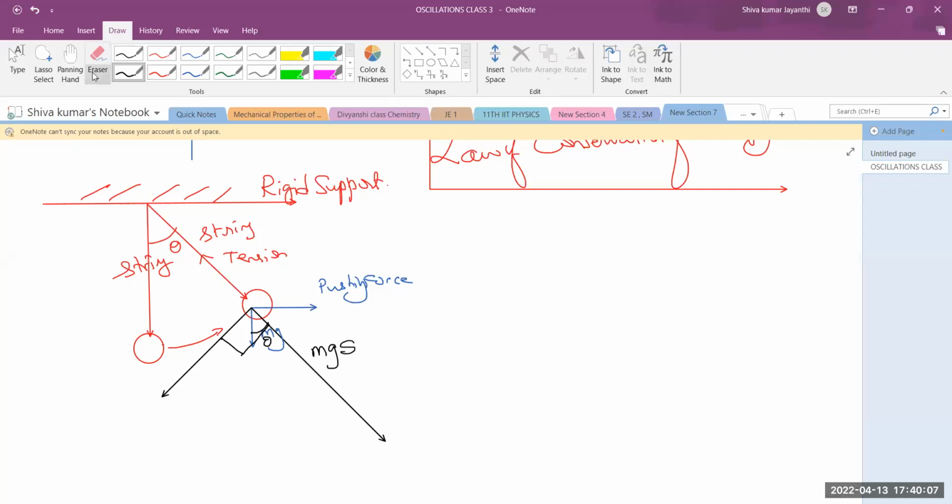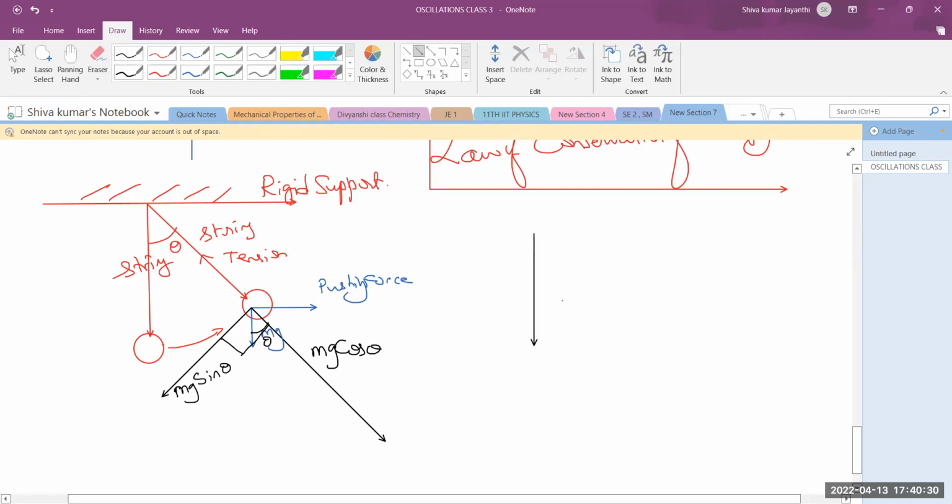Do you know how to split a vector into two components? So this is called mg cos theta, and this is called mg sine theta. Why like that? Why are two different ones coming? There is a force like this.